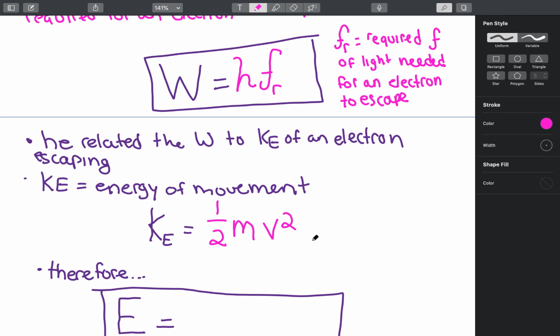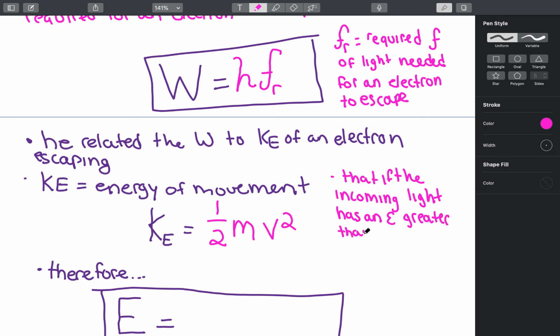And Einstein stated that if the incoming light has an energy greater than the work function, the excess energy is converted to kinetic energy.